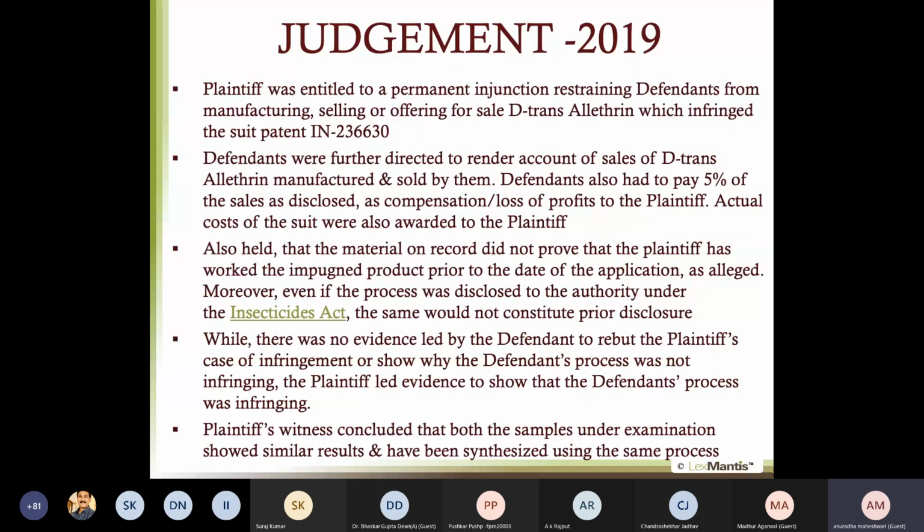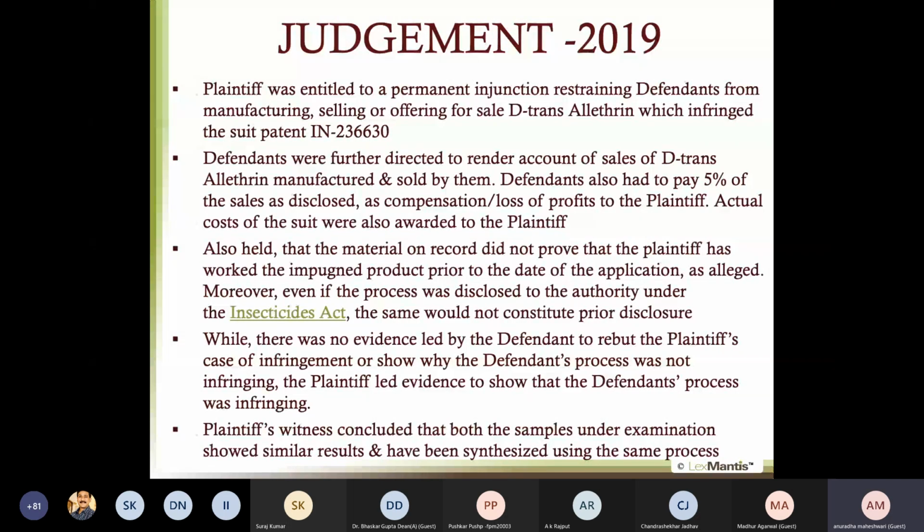It was also held that just because the plaintiff has given the product to the registry under the Insecticides Act does not mean that it has disclosed prior art.